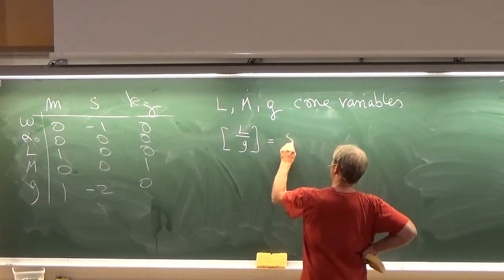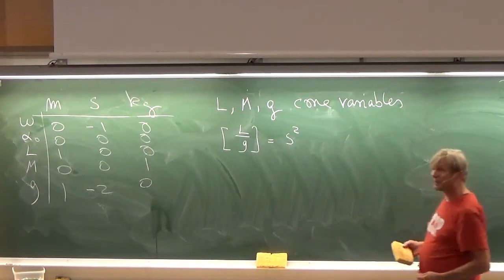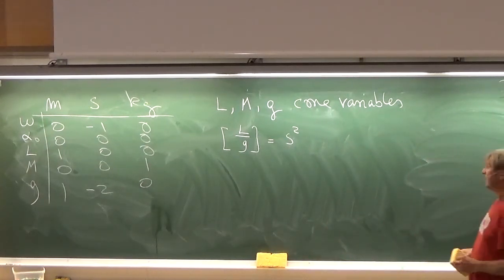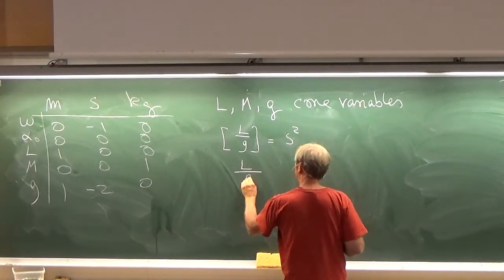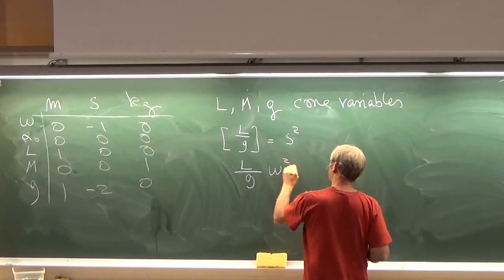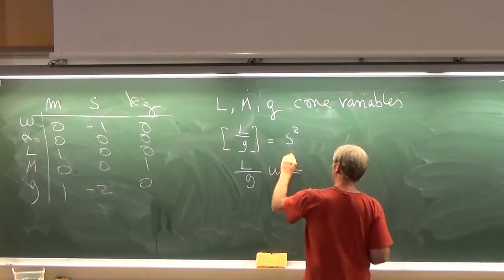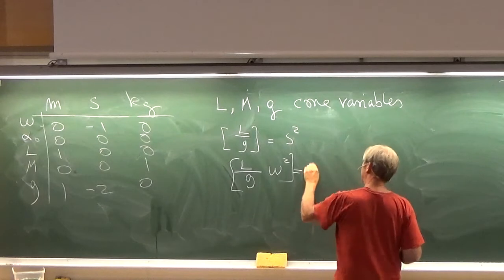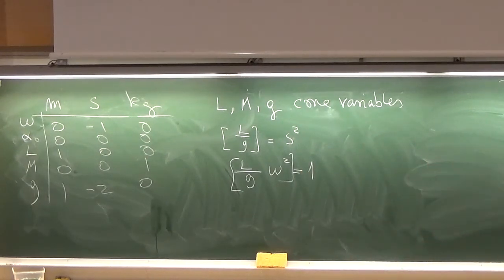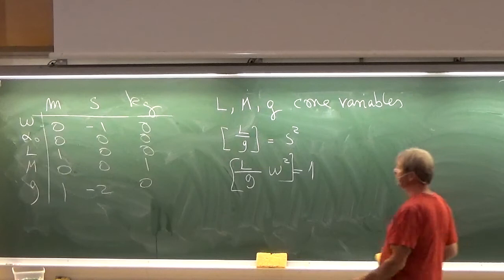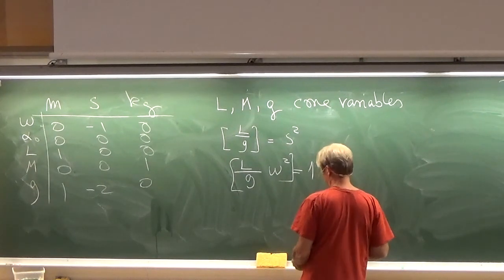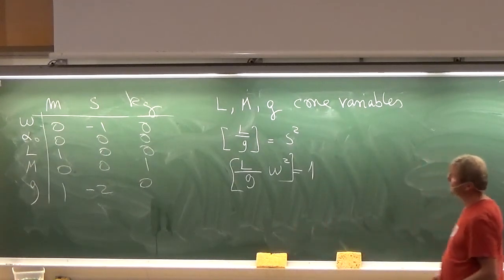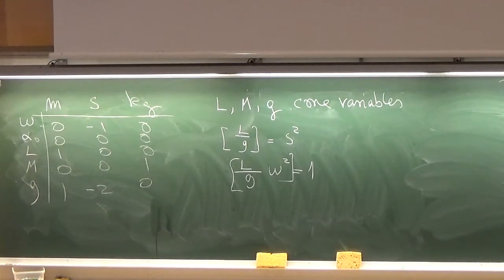That's second squared. And so if I take L divided by G times omega squared, I get unit 1. So that means that we can write that. And that's all.